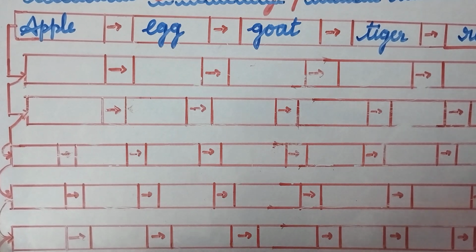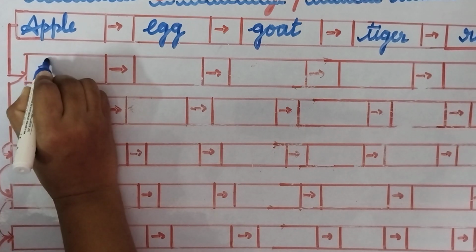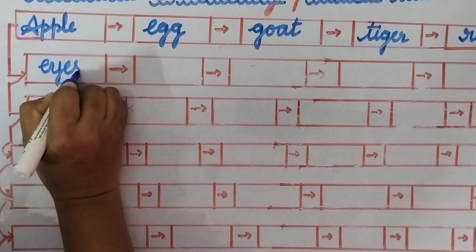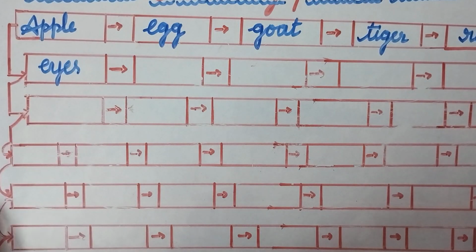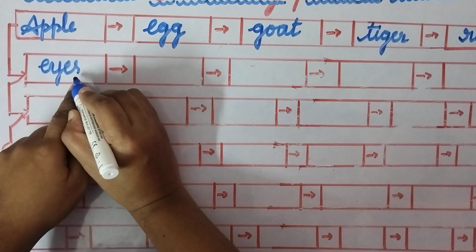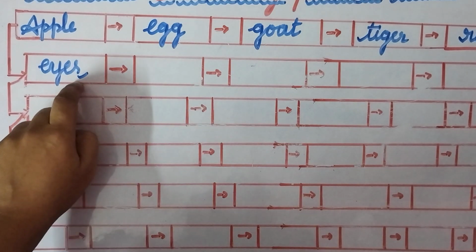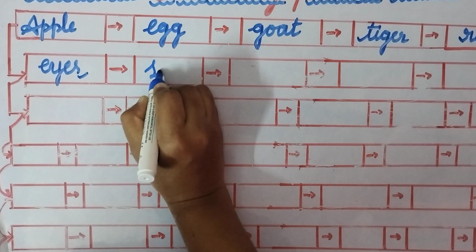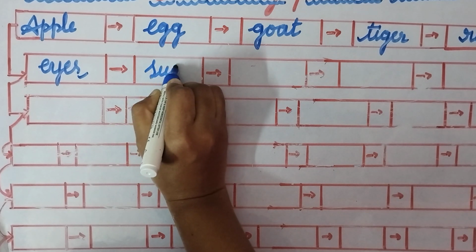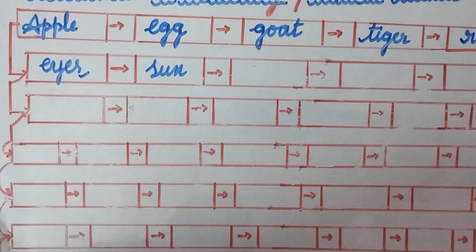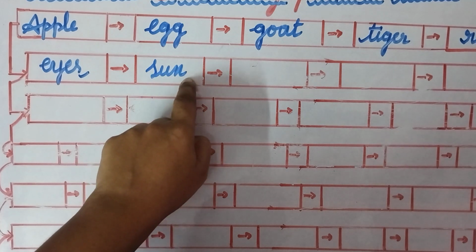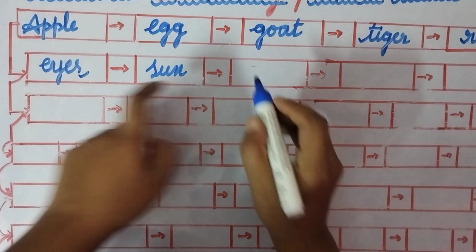E for eyes, E-Y-E-S, eyes. S is the last letter, so we start from S. S for sun, S-U-N, sun. Next the last letter is N. N for net.